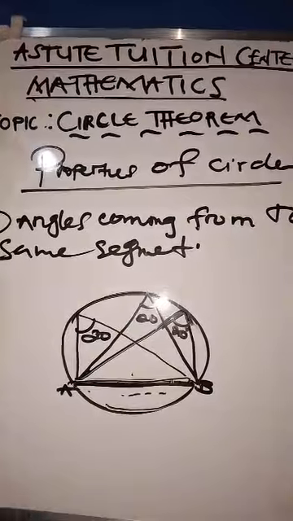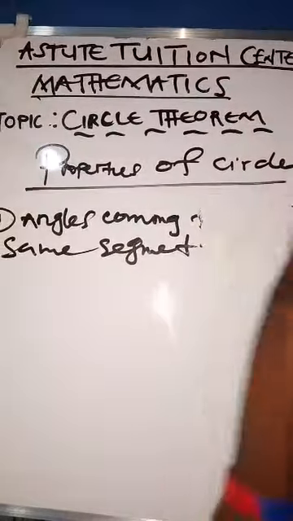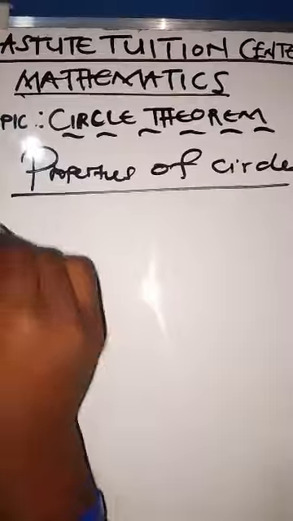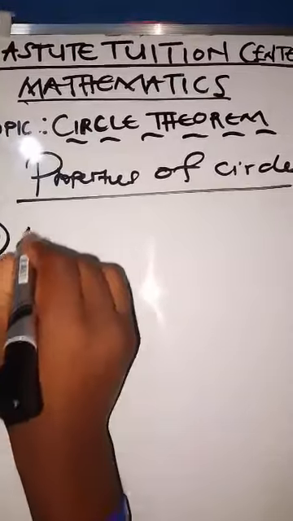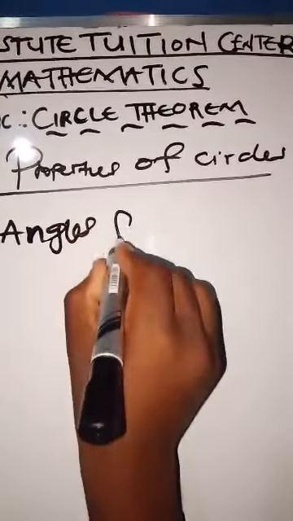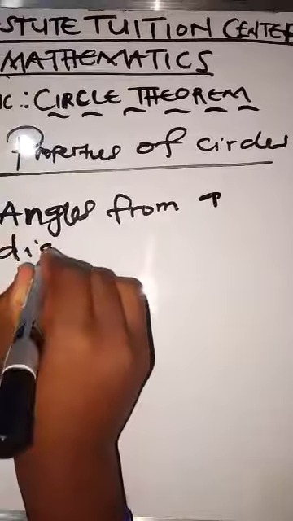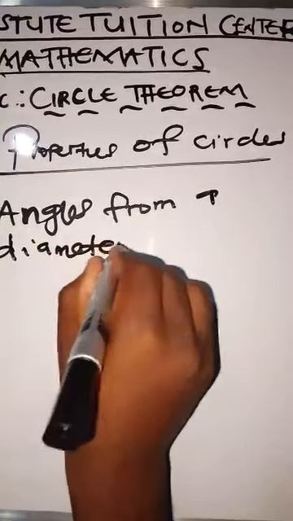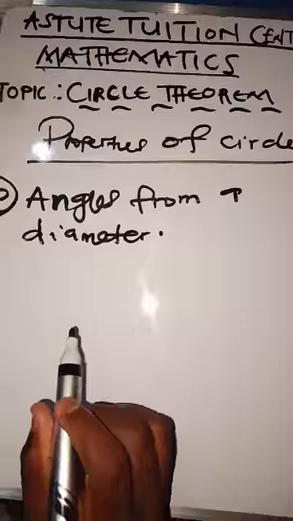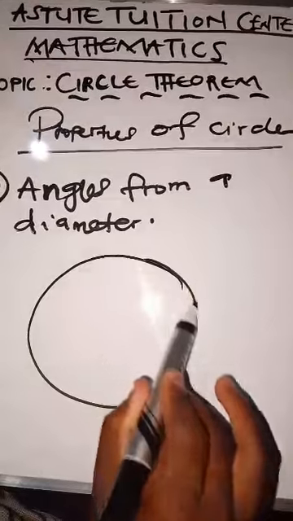Okay, let me just clean the board. The next one is angles from a diameter. Angles from a diameter. Okay, so let us say you have got a circle here.